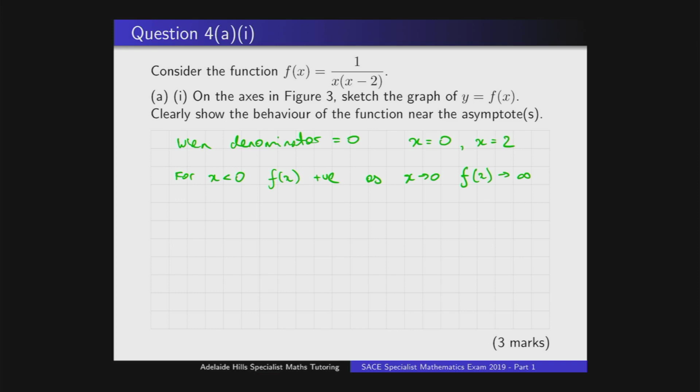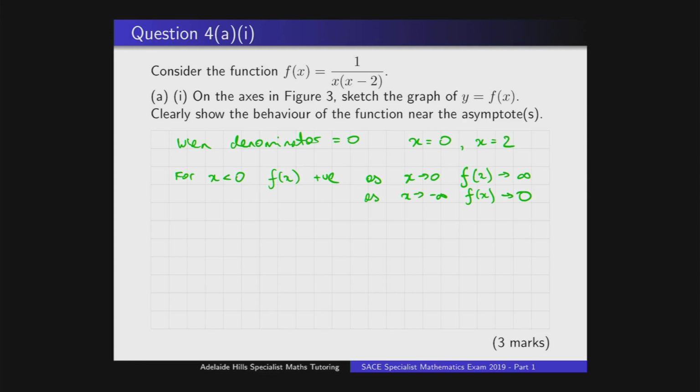And as x goes to negative infinity, then f of x is going to go to 0. Again, it's always going to 0 from above because it's always positive. And you can see that's the case because as x goes to negative infinity, the two factors on the denominator are both going to negative infinity, so the product is going to positive infinity.